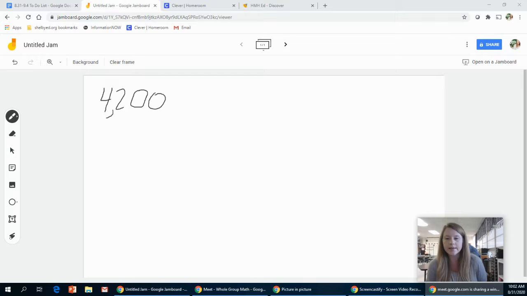What goes in that blank? Expanded form. There we go. Somebody answered expanded form. Number 1, the expanded form of 512,789.